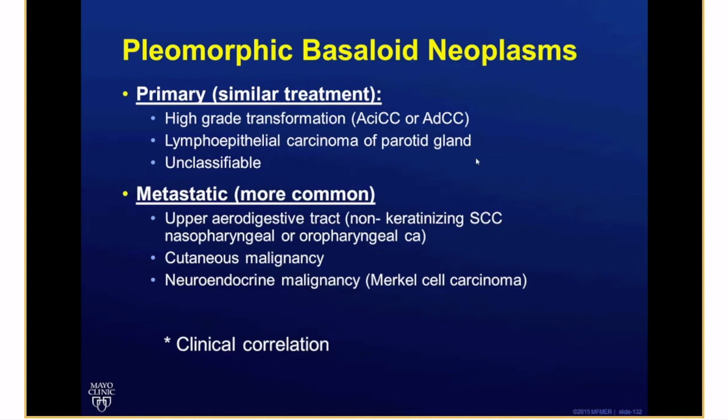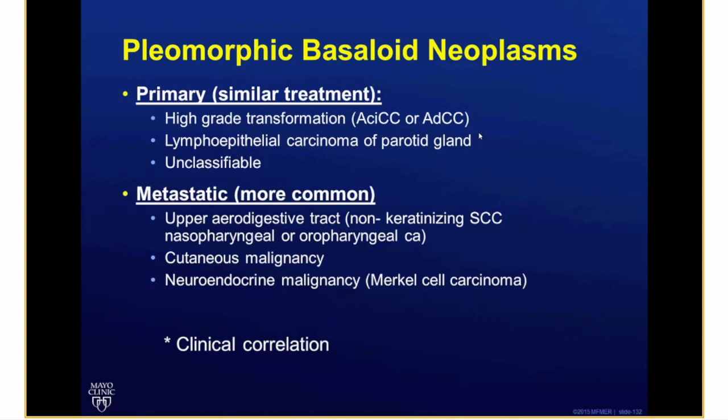So this is our differential diagnosis. You could have a high-grade transformation of any salivary gland, could look like that. You could have a primary lymphoepithelial carcinoma of the parotid gland. And very important, most commonly when we are dealing with pleomorphic lesions, metastasis is more common.